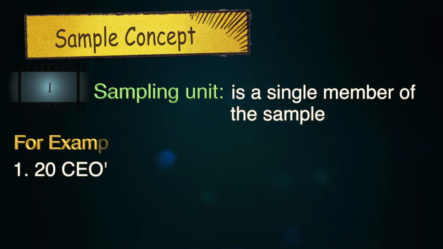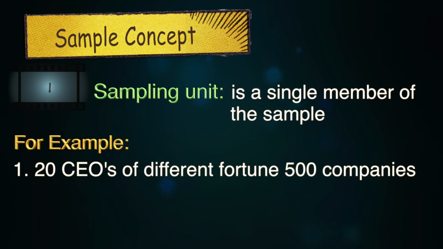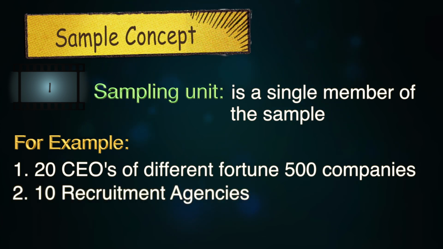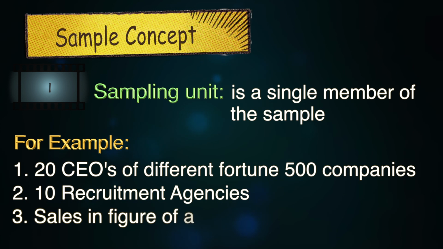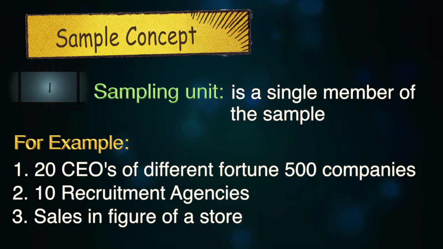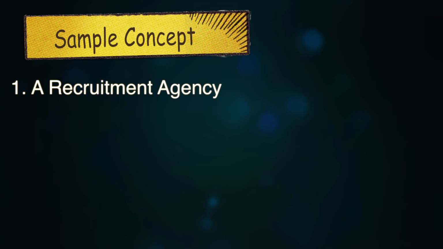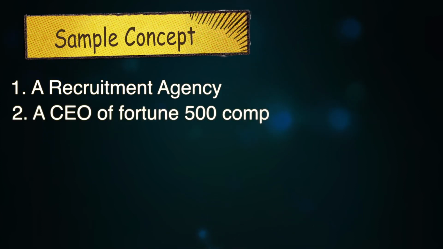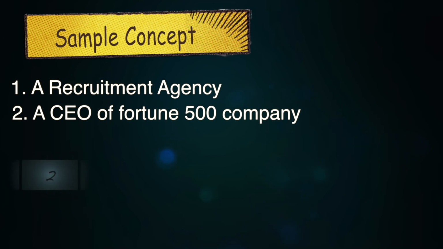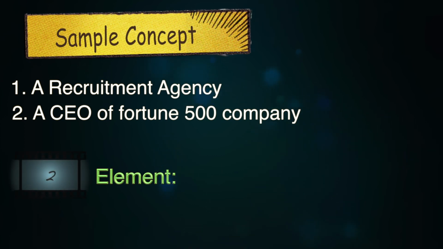For example, 20 CEOs of different Fortune 500 companies, 10 recruitment agencies, or sales figures of a store are considered sampling units of that population. And if I say a recruitment agency or a CEO of a Fortune 500 company, those are considered elements of that population.